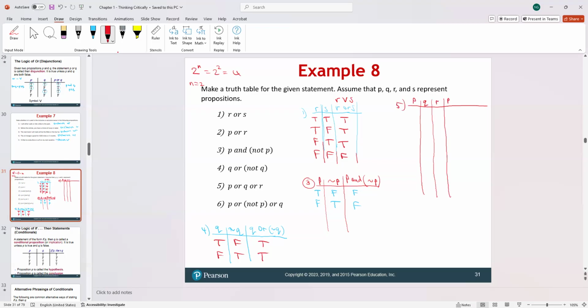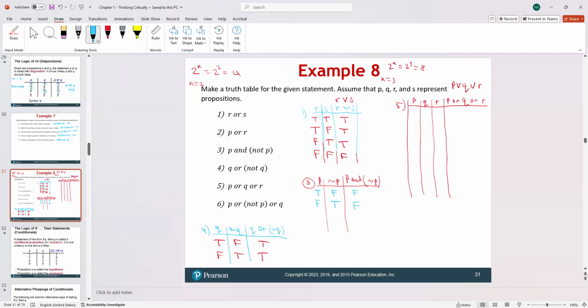So we have P or Q or R. Remember if you have three propositions, the number of truth values we're gonna have is 2 power n. N is 3, 2 power 3 is 8. So we expect to have 8 truth values in this table.